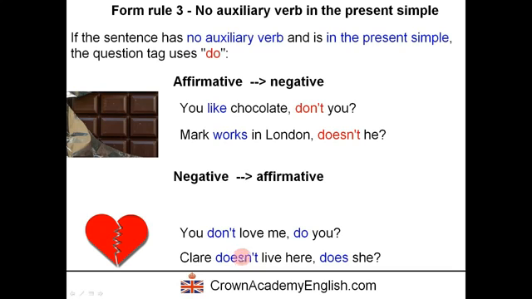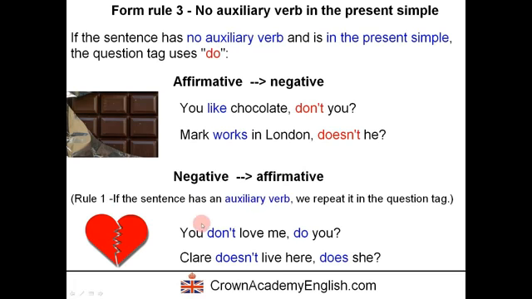So we have the negative of the present simple of the verb live. So Claire doesn't live here, does she? Okay, so the question tag has the verb do in the third person singular. And in fact, this case, these two sentences, the negative to the affirmative of the present simple with no auxiliary verb, in fact, it also follows rule number 1.